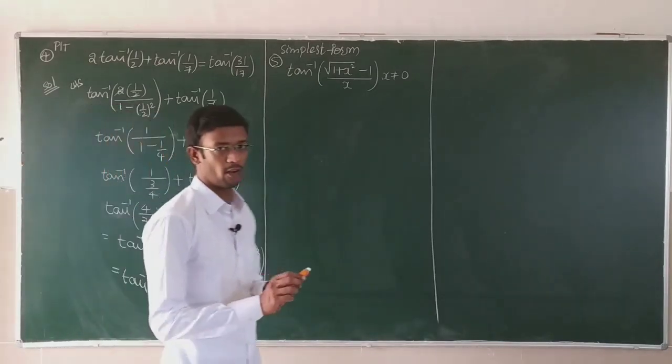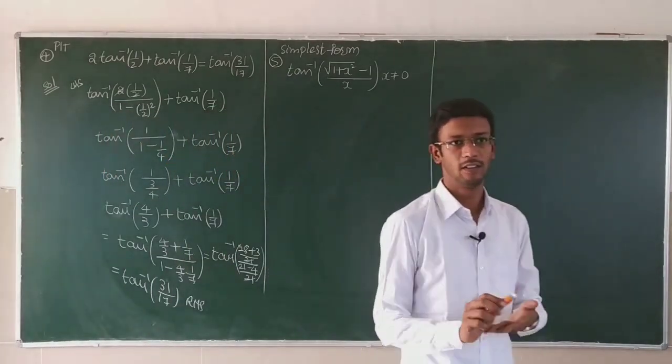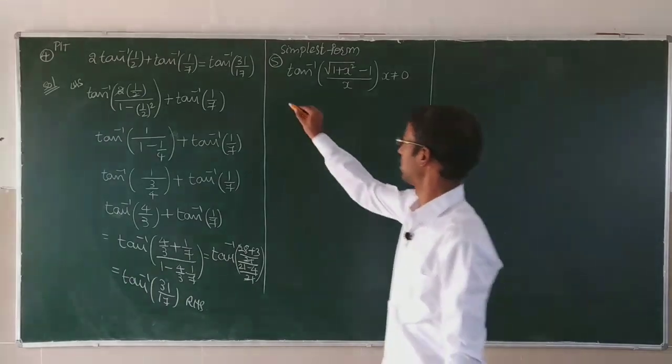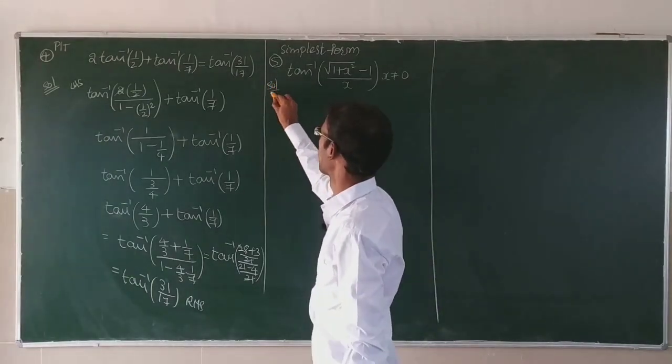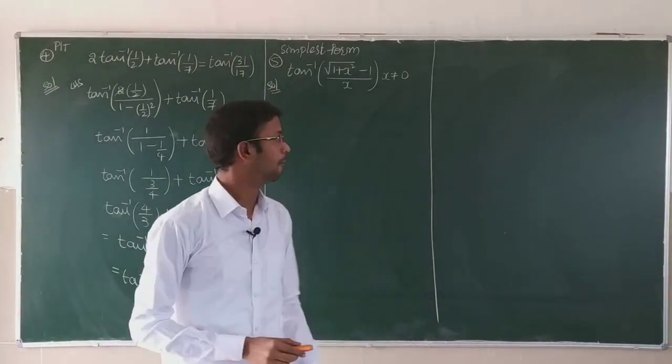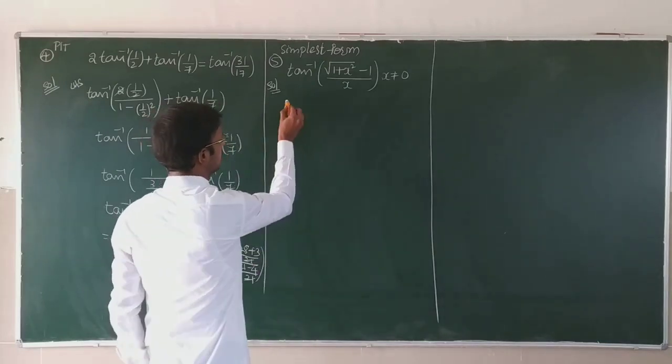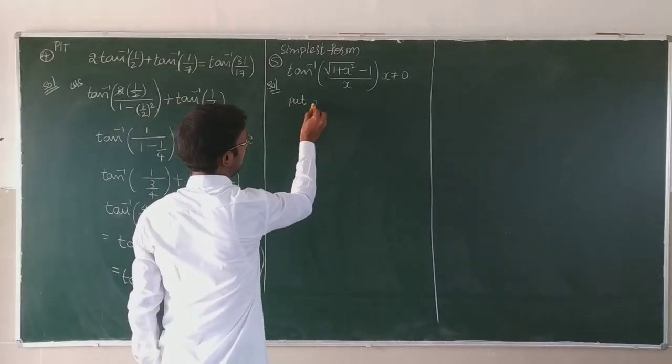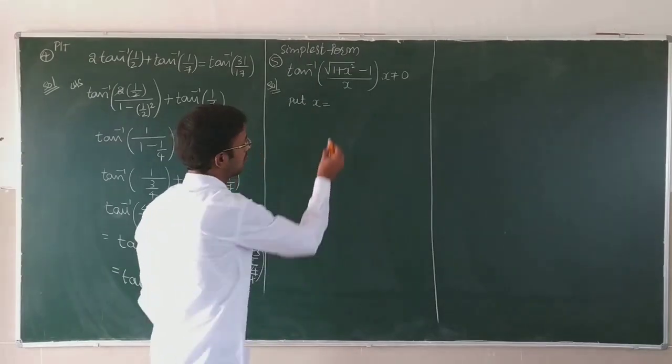Next, problem number 5. Write the given expression in simpler form. For that purpose, put x is equal to tan theta.